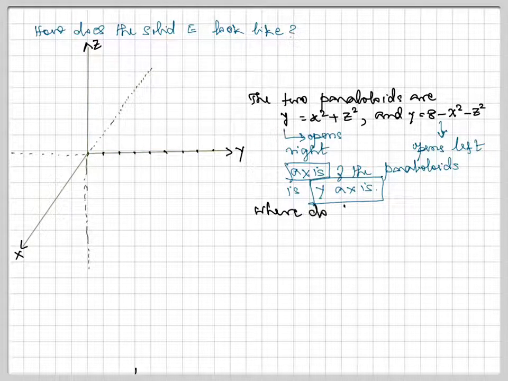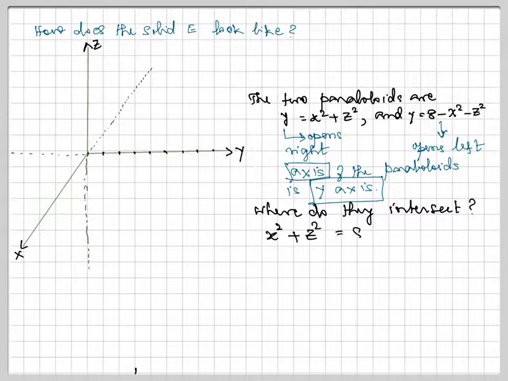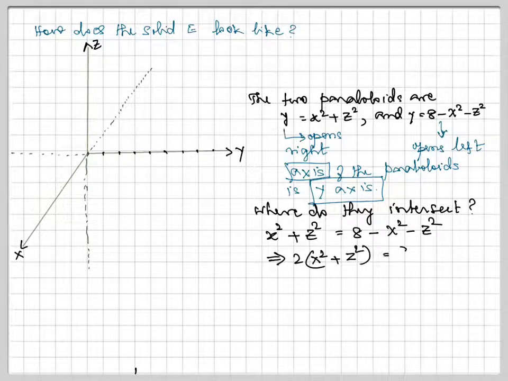Now, where do the two paraboloids meet? Where do they intersect? Let's set the two y's to be equal. So x square plus z square equals 8 minus x square minus z square. That will give us 2 times x square plus z square equal to 8, which means x square plus z square equals 4.